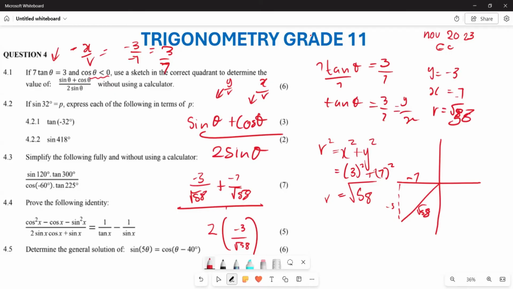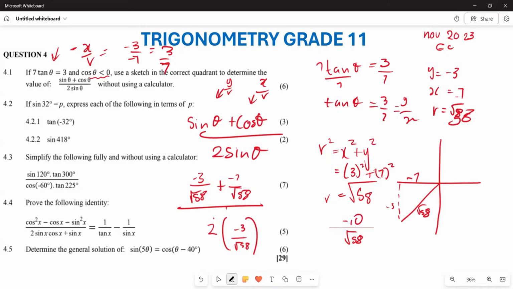Remember this is adding powers of the same base, which means here it's the same as your root 58. This is negative 3 plus negative 7, which is the same as negative 10, right?